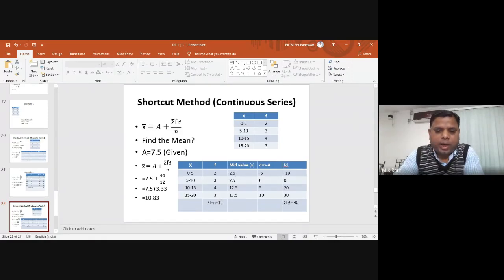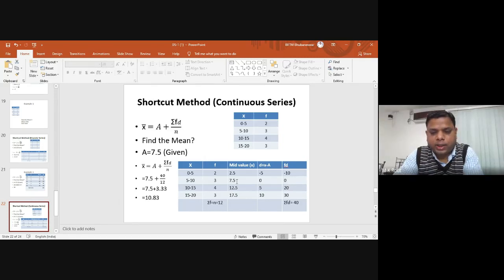Then calculate the mid value, that means 0 plus 5 divided by 2, that equals 2.5. Then 5 plus 10 equals 15 divided by 2 equals 7.5. 10 plus 15 equals 25 divided by 2 equals 12.5. The last one, 15 plus 20 is 35 divided by 2, 17.5.